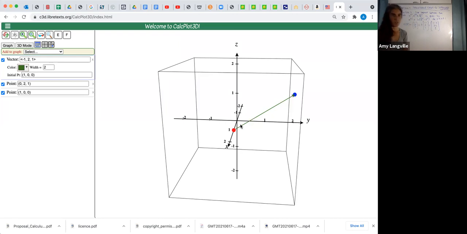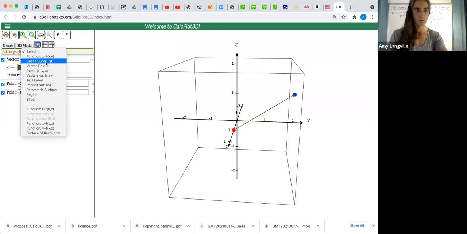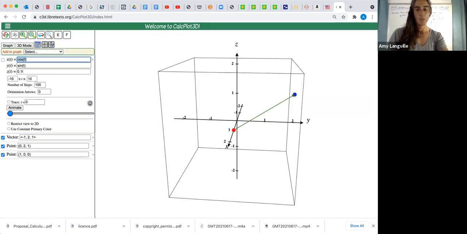If we enter that as a space curve in CalcPlot3D, add to the graph, space curve, r of t, replace the preset one with ours, 1 minus t, 2t, t. And we can make t go from 0 to 1. Let's get rid of the vector in green and replace it with this space curve, which we can change to a color. We made it red, that's fine.